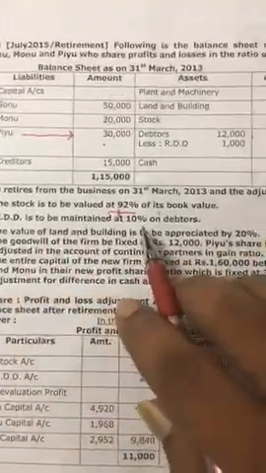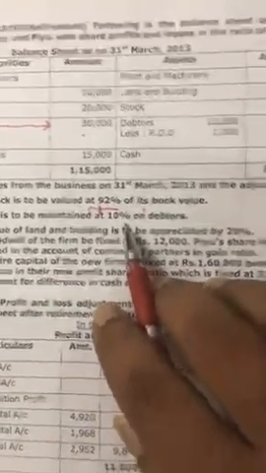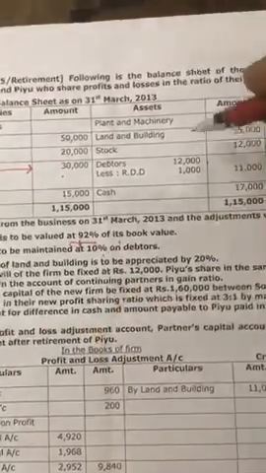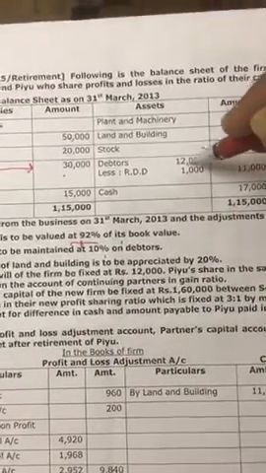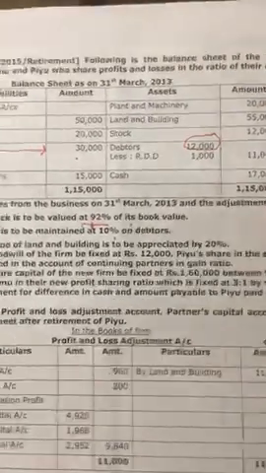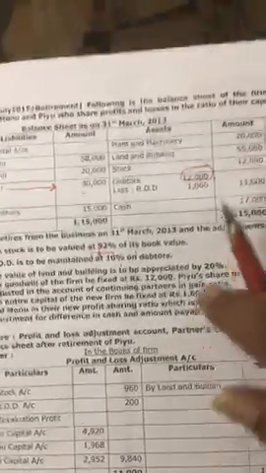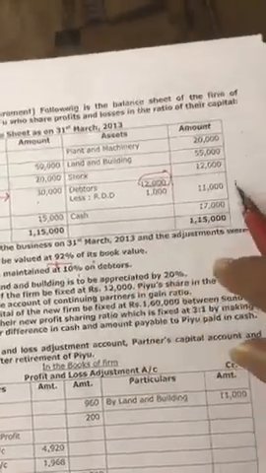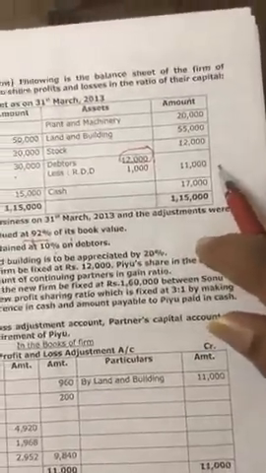RDD to be maintained at 10%. Again, this 10% you have to find out on the gross figure, not on the net figure. That you should remember. RDD percentage is always found out on the gross figure, not on the net figure. Remember.